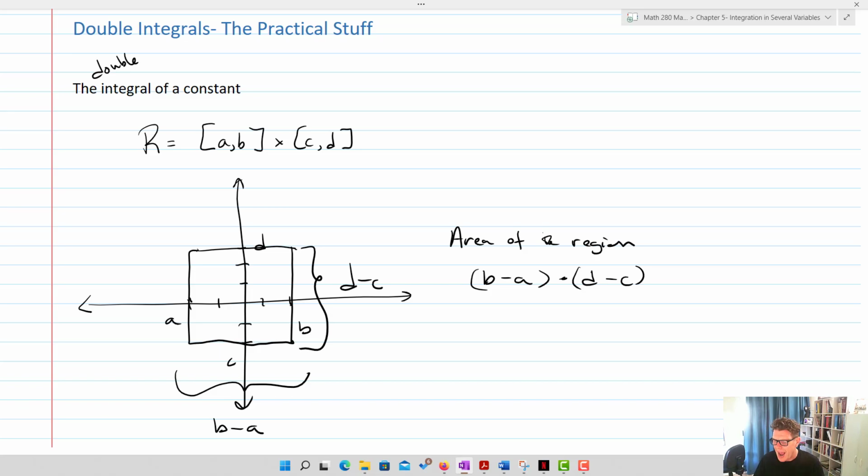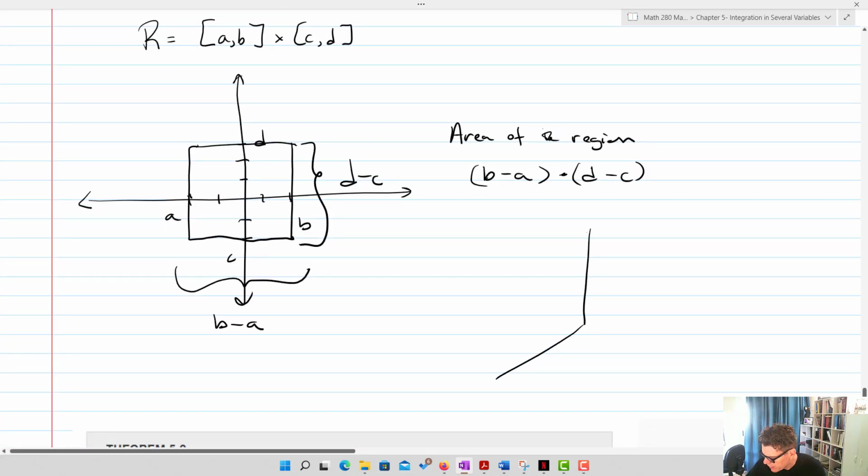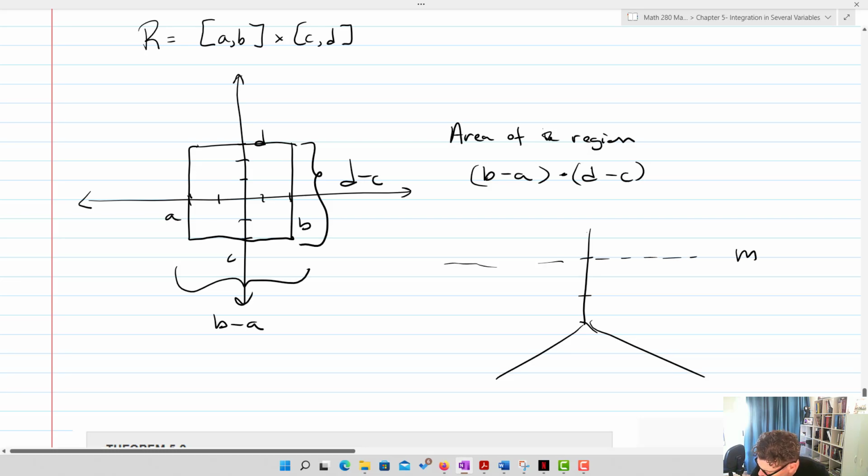Now, we imagine that we get a figure that has a height of m. So there's the height, little m. Here's our region, and we know the area of the region is equal to b minus a times d minus c.